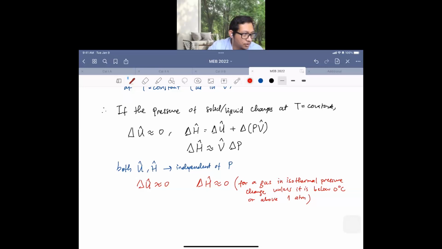And of course, if we have a table for U and enthalpy for some temperature and pressure, then this assumption is no use.